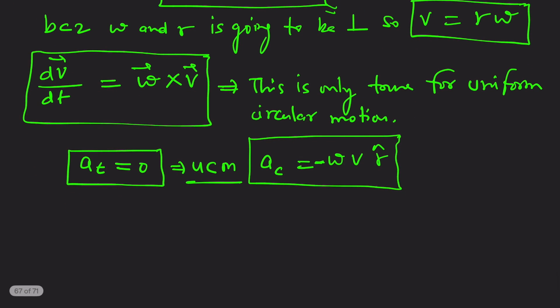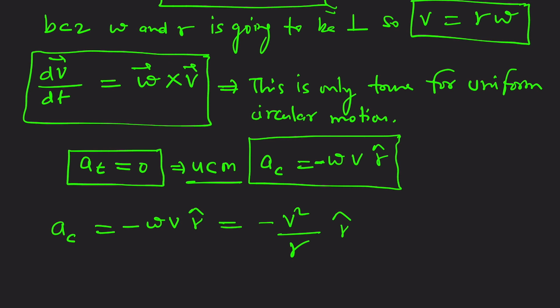Now there are some other forms of a centripetal that you should keep in mind, because many times they will be used directly. The first is, of course, minus omega v r cap. Another way: if we replace omega by v by r, we get minus v square by r, r cap.